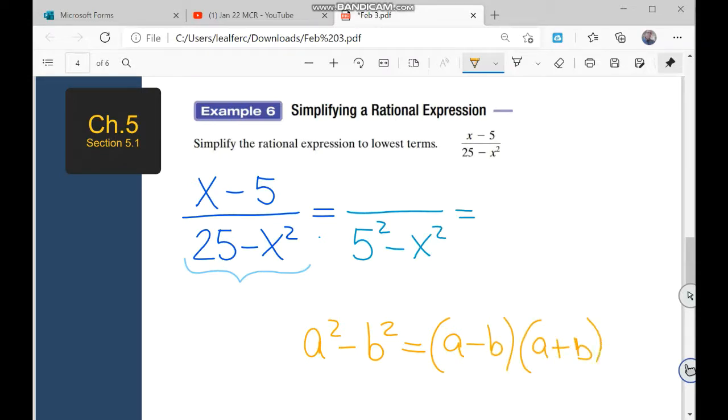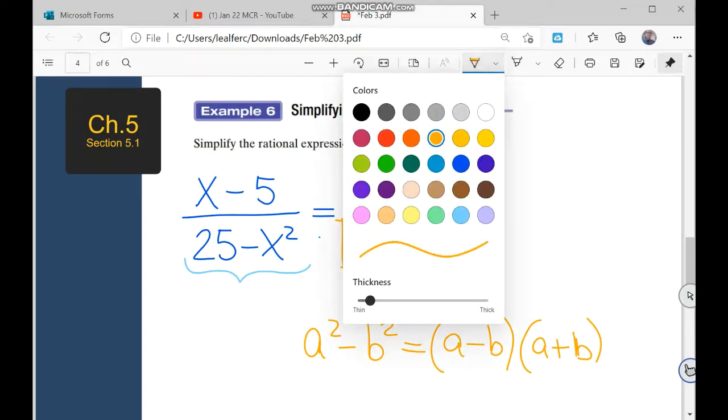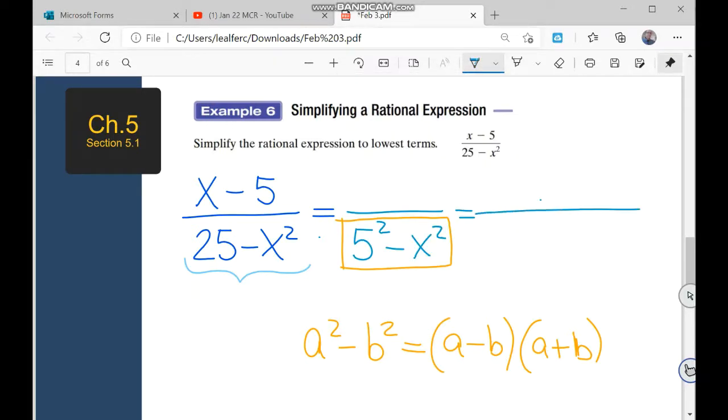You have to apply this formula on that denominator. That means we can rewrite 5 squared minus x squared as 5 minus x times 5 plus x.